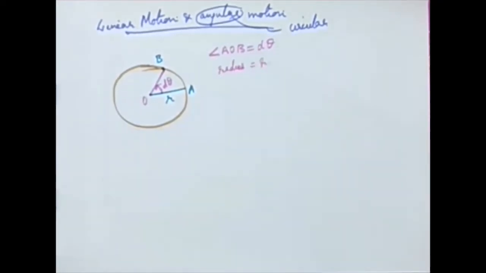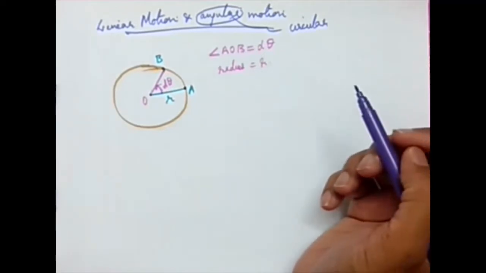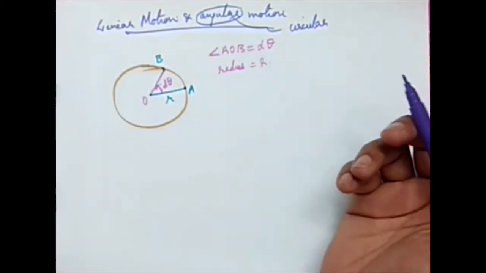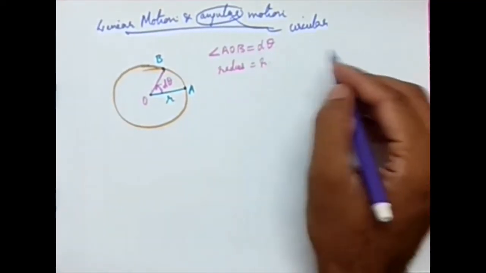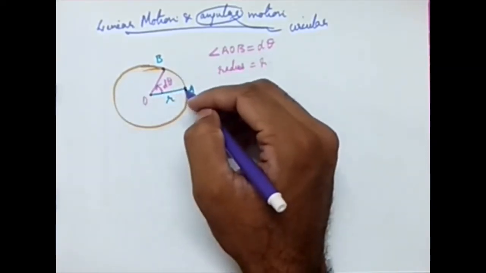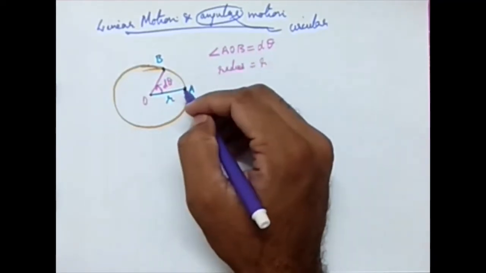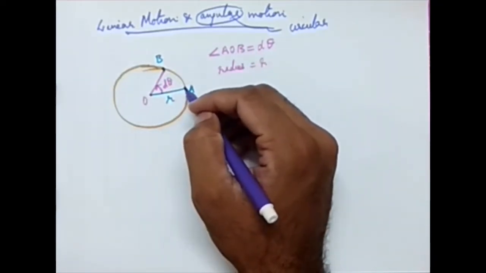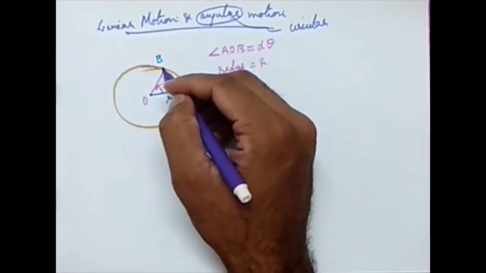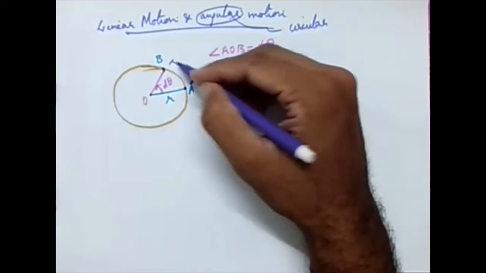And the radius is equal to r. Now what I'm going to do is consider an object, a point here, in a matter of say time t. In time t, this object is rotating and this point got shifted to this particular location. So earlier this point was A, after time t it got shifted to point B. I want to know how much this distance is.